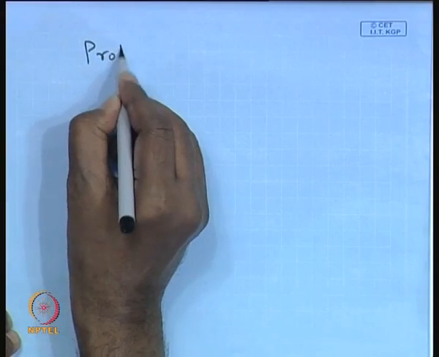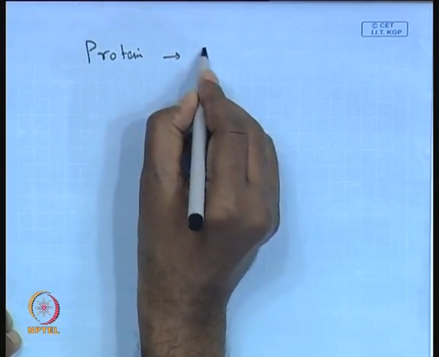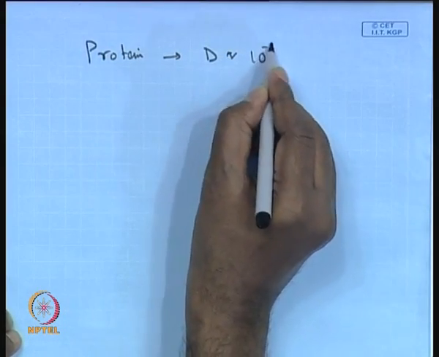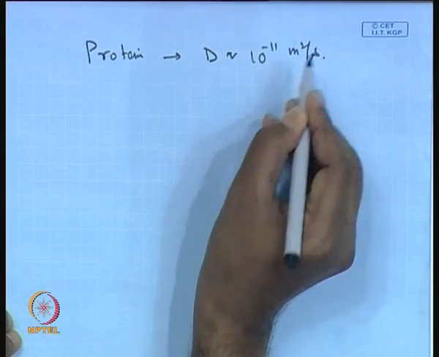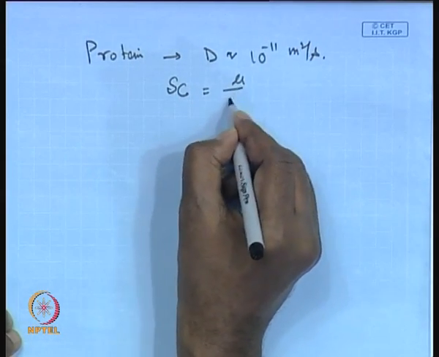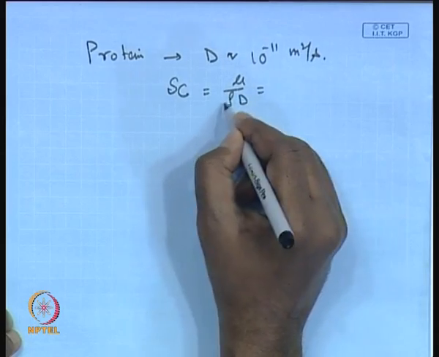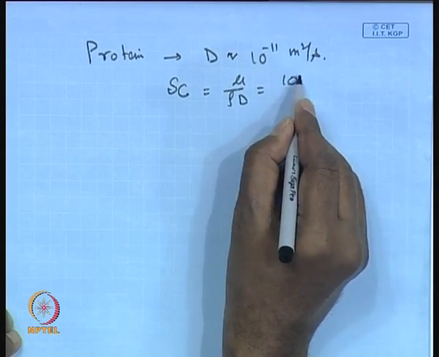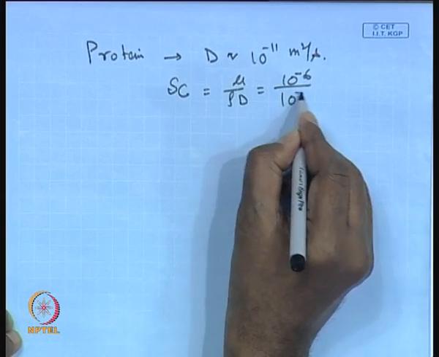Now, if you remember, we are talking about the separation of a protein. Protein diffusivity will be in the order of 10 to the power minus 11 meter square per second. So, you are talking about a Schmidt number, mu by rho D: mu is 10 to the power minus 3, rho is 10 cube, so 10 to the power minus 6, divided by 10 to the minus 11.